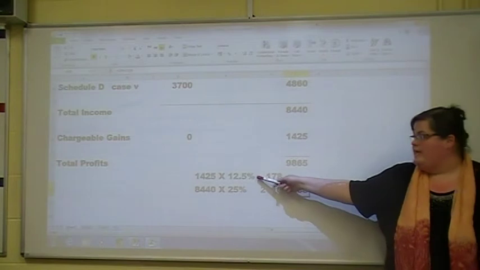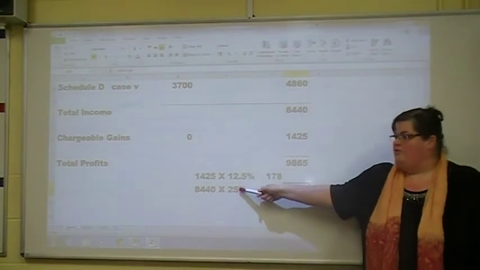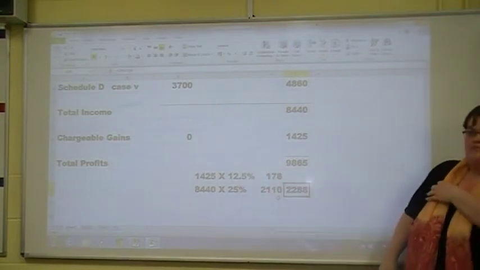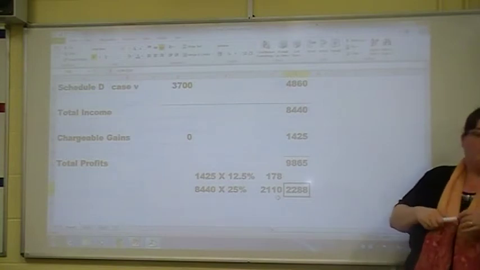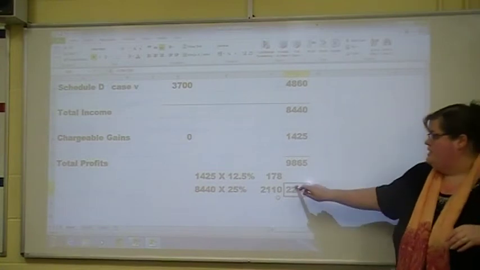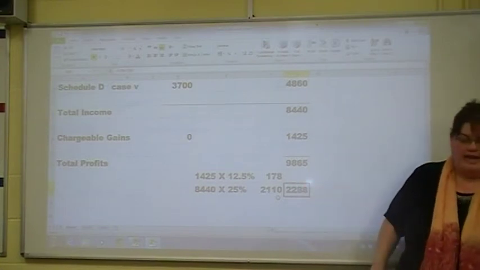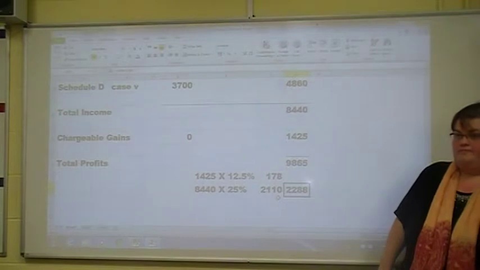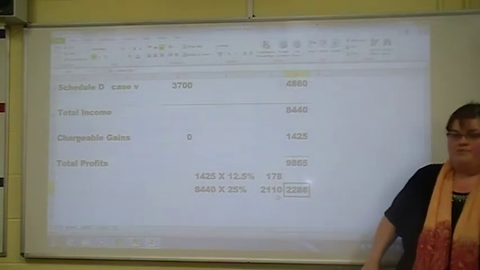Okay, so my chargeable gain at 12.5%, my other income all at 25%. So your case 3, 4 and 5 are always at 25%. Which gives me at the moment €2,288 of corporation tax I owe.